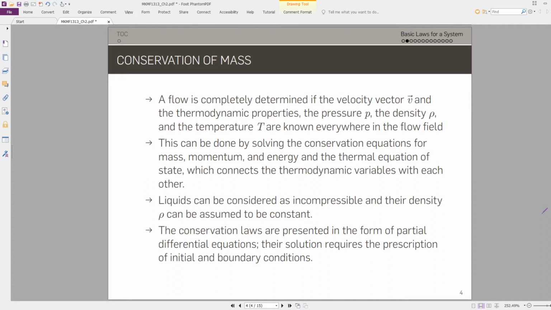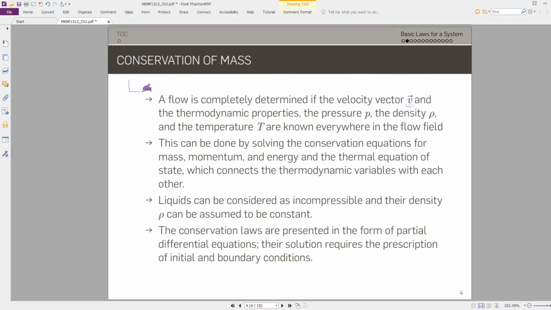As a start, we first look at the conservation of mass, known as the continuity equation. It is mentioned here that a flow is completely determined if the velocity vector, V, is known.